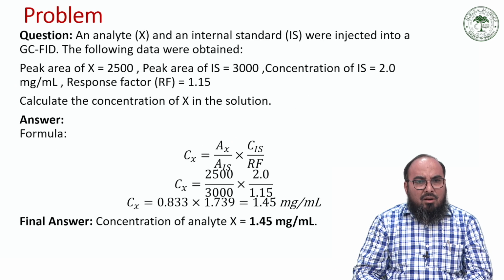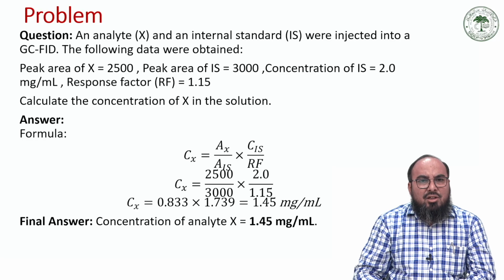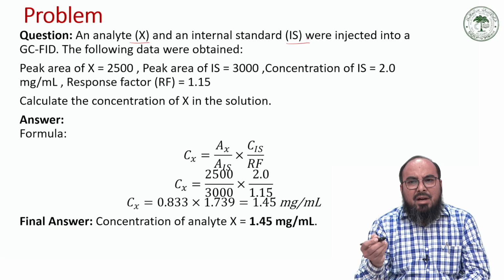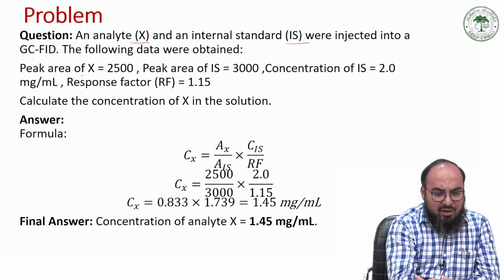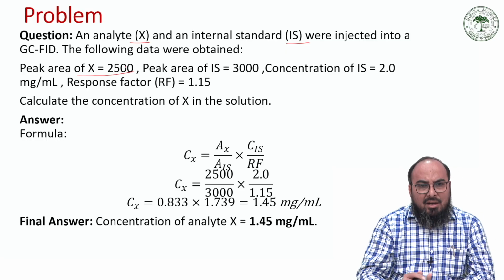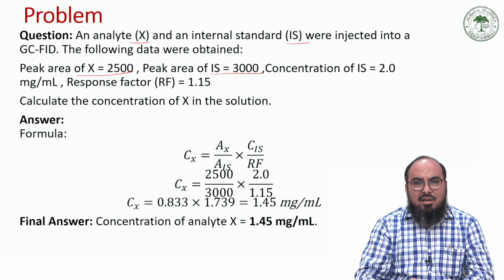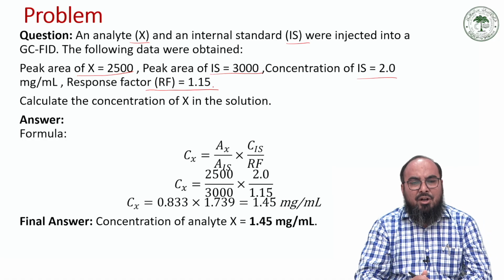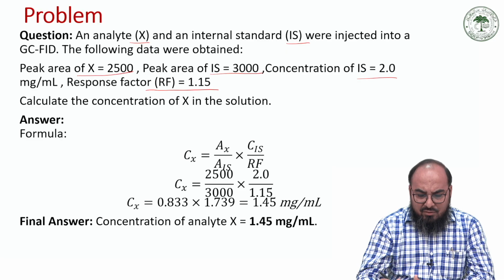Similarly, you have another problem. Here you are given an analyte, X, and an internal standard, which we represent by IS. You are given the peak area for the analyte and the peak area for the internal standard. The concentration of the internal standard is given, and the response time is also given.